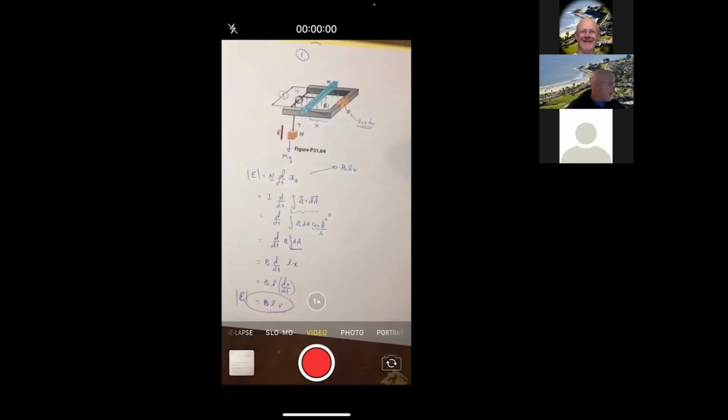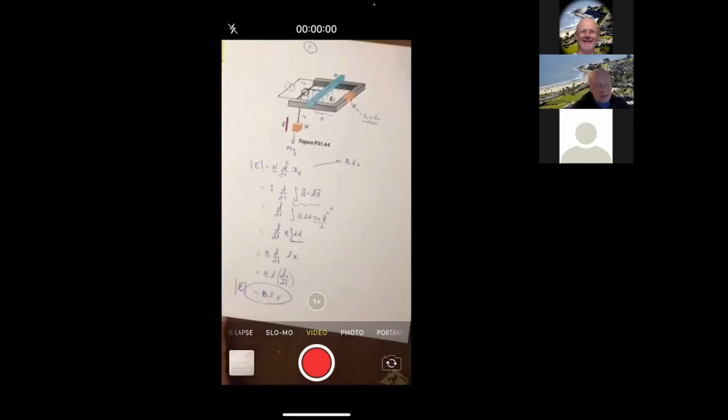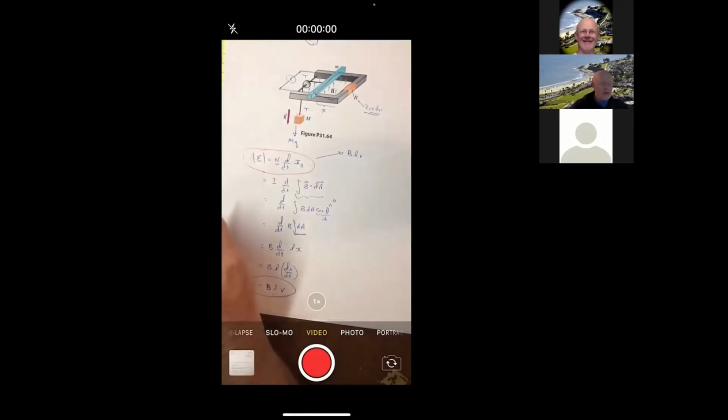Now, maybe I should put in red, like I did before, the direction of the current. So let's come back to this chapter and use Lenz's law here. So remember, Faraday's law gives us the magnitude of the EMF, and Lenz's law gives us the direction.